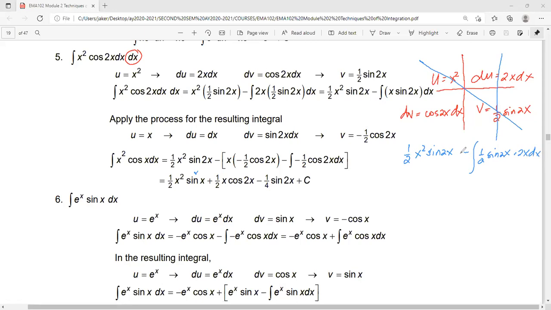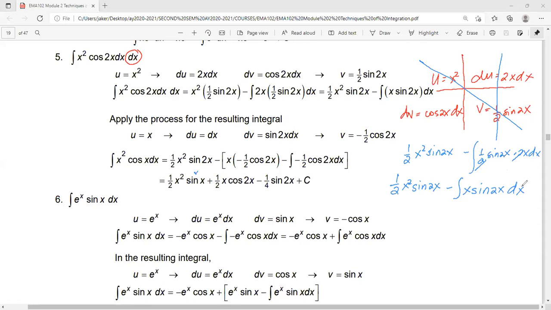Okay, you see this? Now we cancel the 2's. So I'll have 1/2 x squared sine of 2x, and you have here minus the integral of x sine of 2x dx.